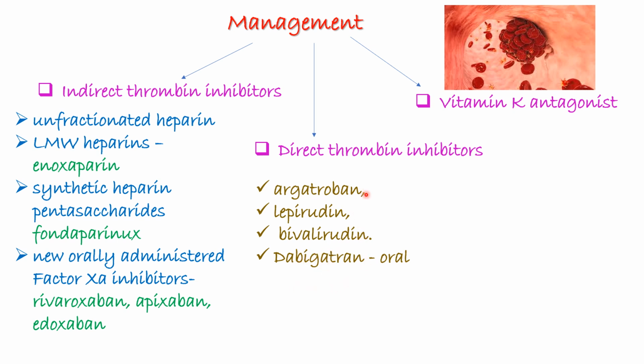In direct thrombin inhibitors, the first three are IV medications, and the last one is oral. The indirect thrombin inhibitors are IV or subcutaneous medications, and then the new oral ones, obviously, are oral drugs.